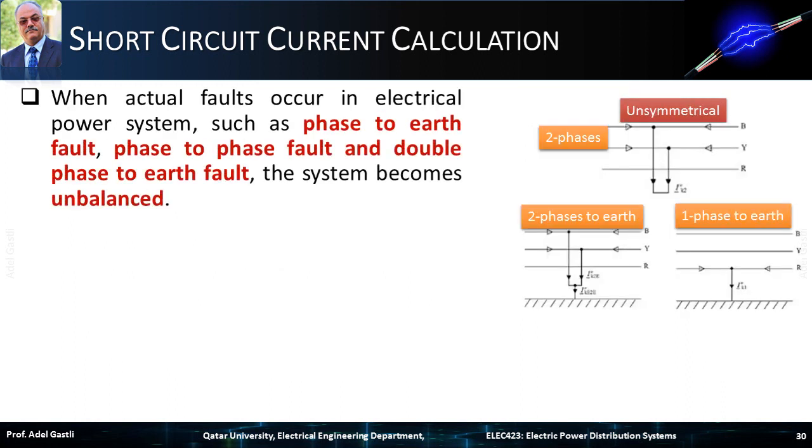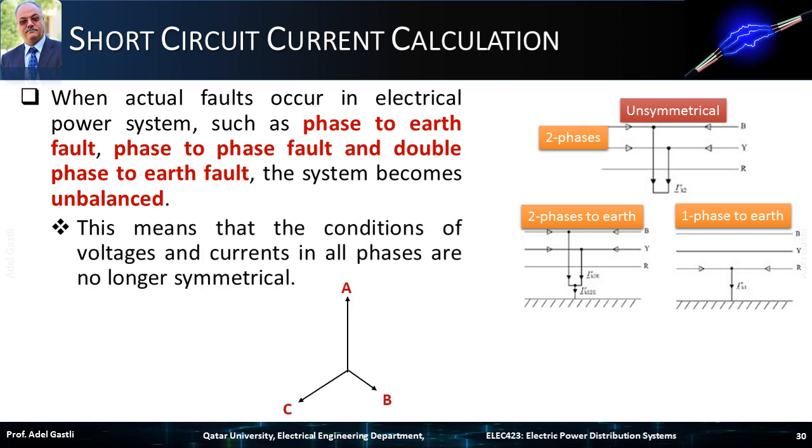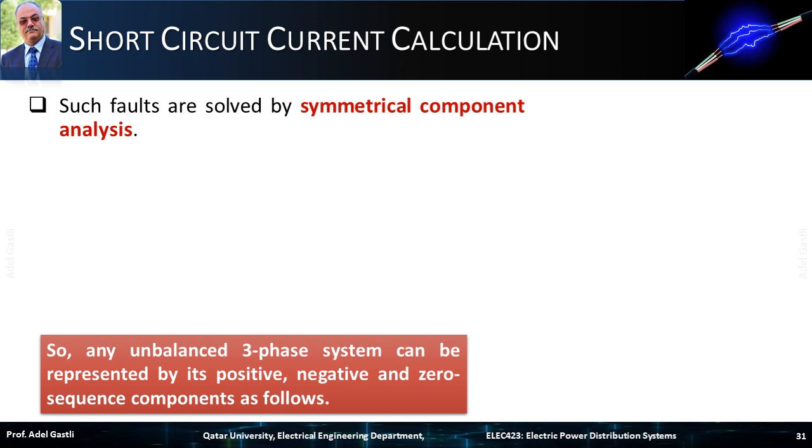When actual faults occur in an electrical power system, such as phase to earth fault, phase to phase fault and double phase to earth fault, the system becomes unbalanced. This means that the conditions of voltages and currents in all phases are no longer symmetrical. Such faults are solved by symmetrical component analysis.